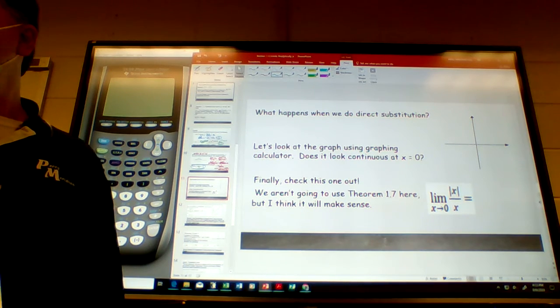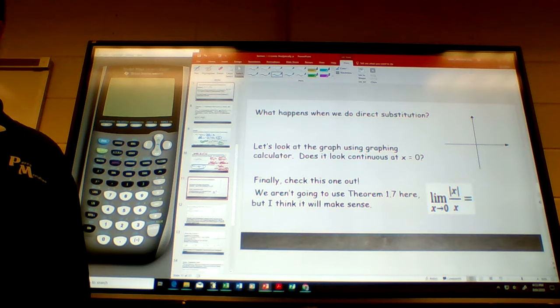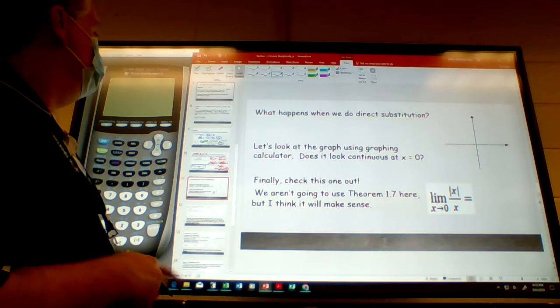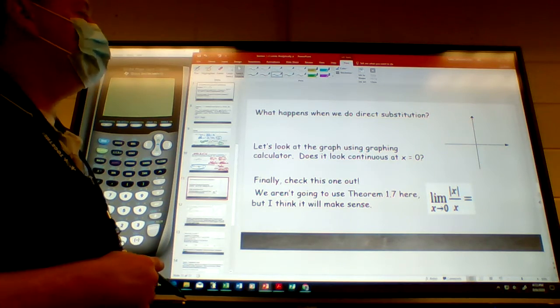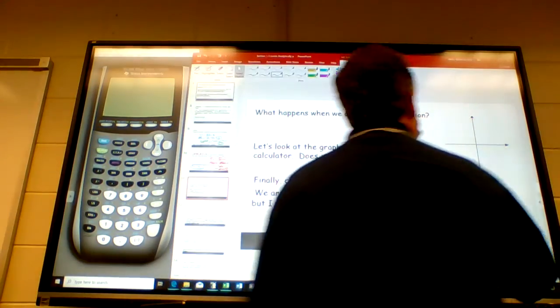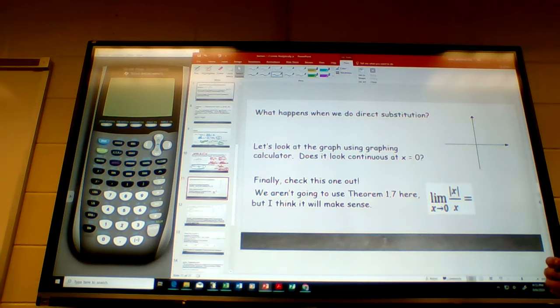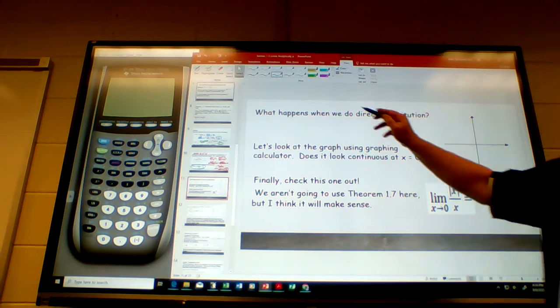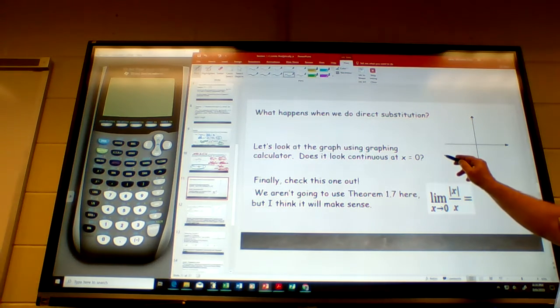All right. So now the question is, we talked about this one time before. What was the limit as x approaches 0 of the absolute value of x over x? Well, remember, we did this example the other day, or in the other lesson, that is.